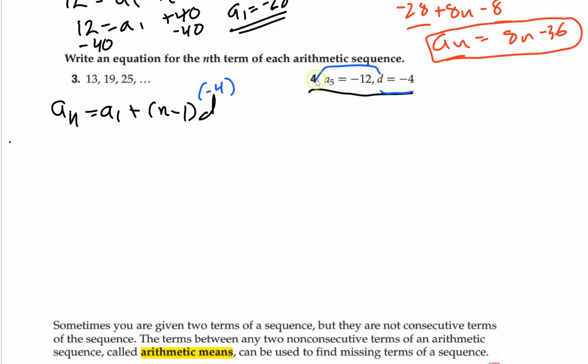And again, what does this mean? This is the most important part. This means when I plug in 5, it equals negative 12. When I plug in 5, I get negative 12. The 5th term is negative 12. So we have this. We can simplify this a little bit.